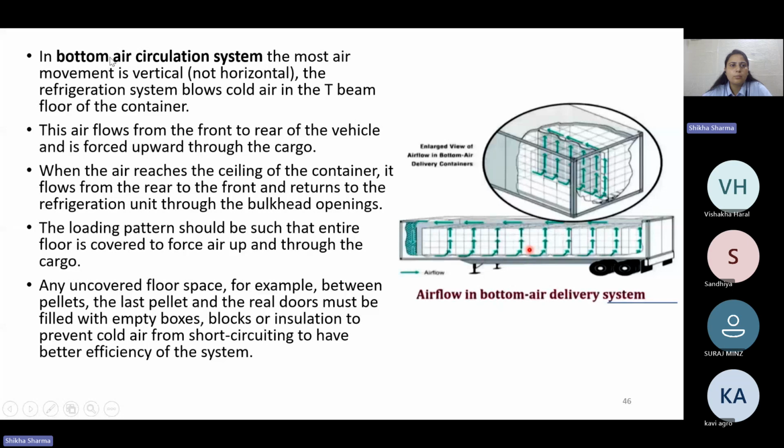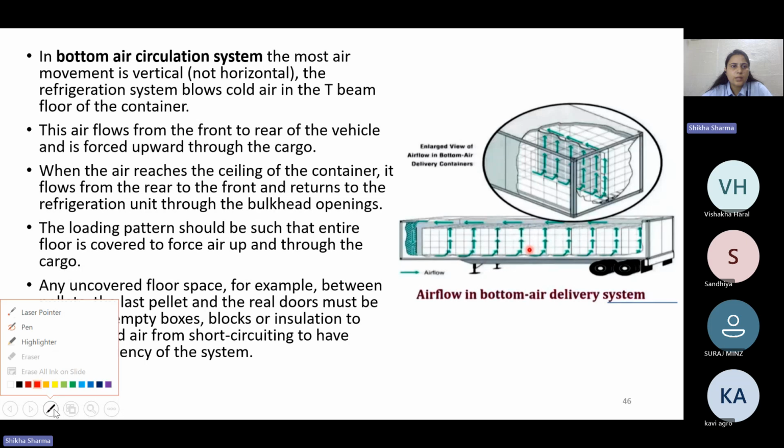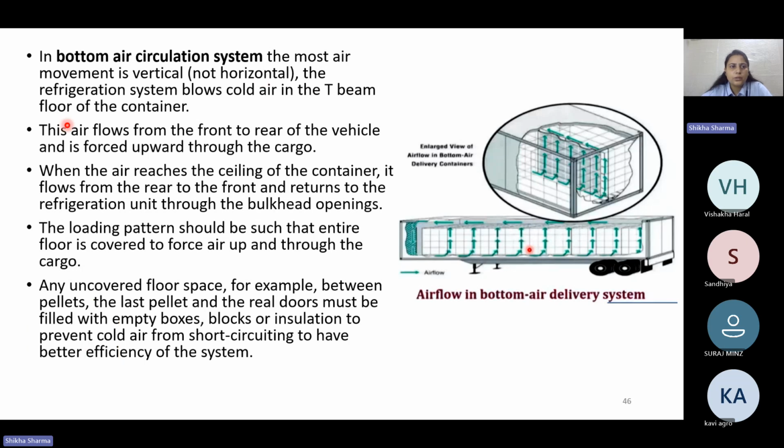So we were discussing that in the bottom air circulation system, the main air movement is vertical, not horizontal. The refrigeration system blows cold air in the T-bed floor of the container. This air flows from the front to rear of the vehicle and is forced upward through the cargo, as mentioned in the diagram, forming a T shape.